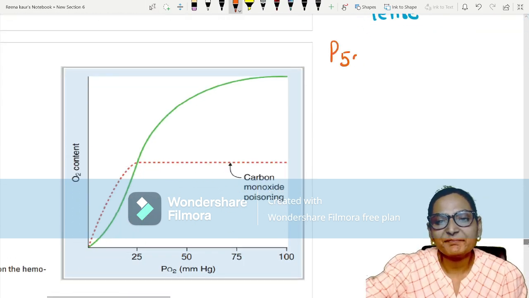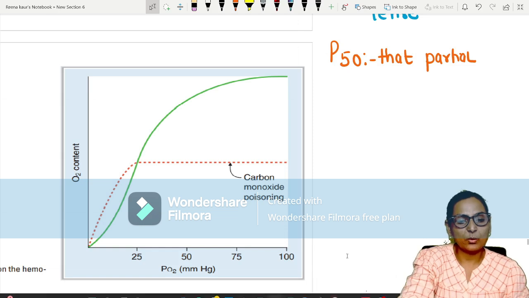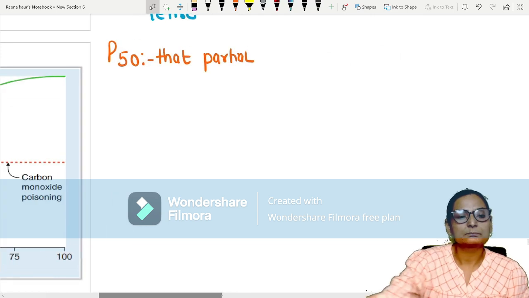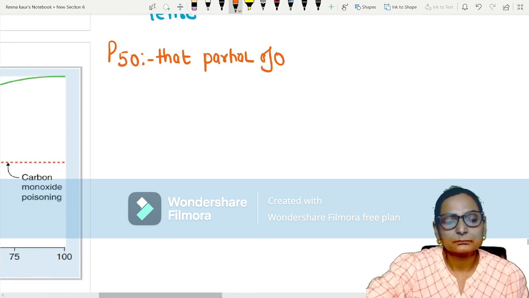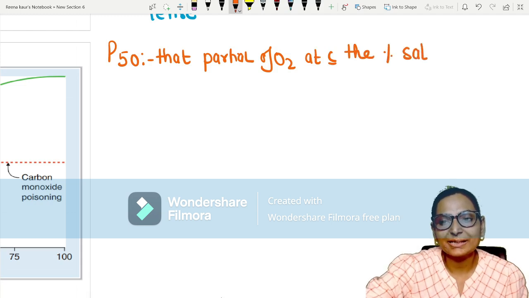It is that partial pressure of oxygen at which the person's saturation is 50%.